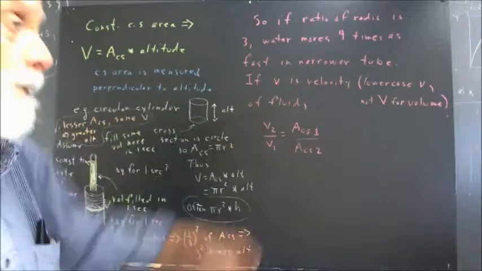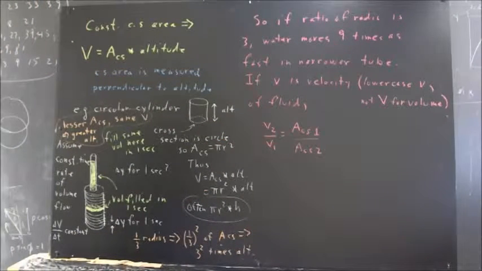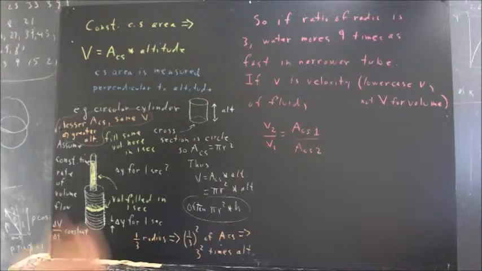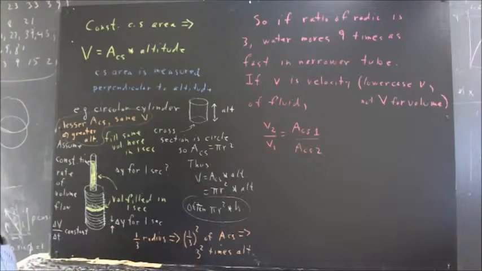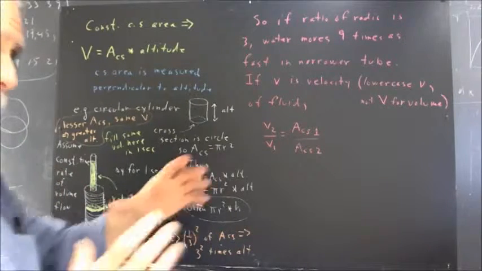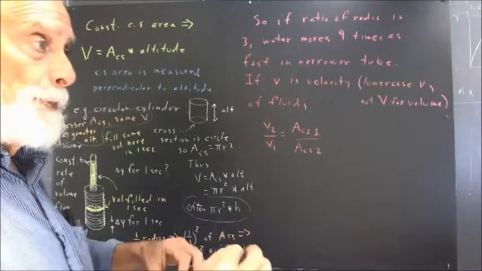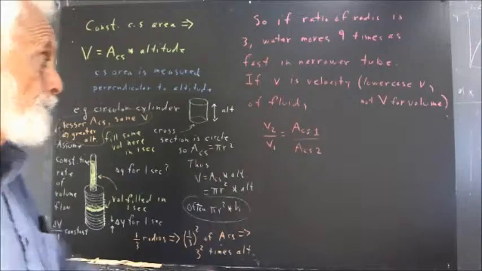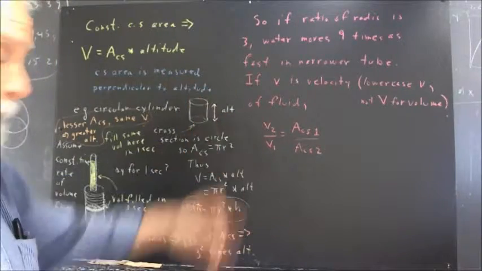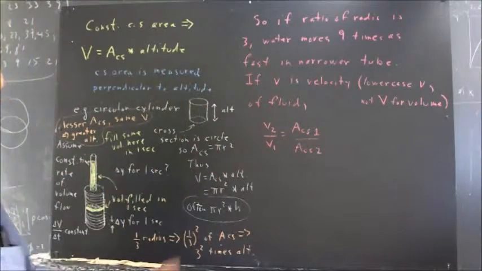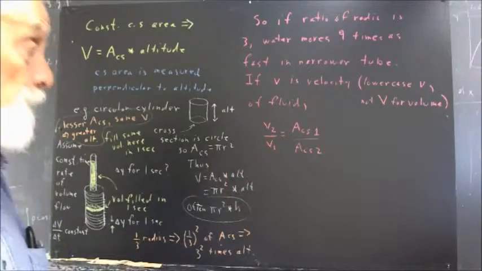Now that's a very important thing in physics and physical chemistry, and very applicable to biological systems. What happens if blood flows from a larger artery into a smaller one, or from a small artery into a capillary? Okay, this applies. It applies in physiology, it applies in chemistry, it applies in physics, it applies in earth science.